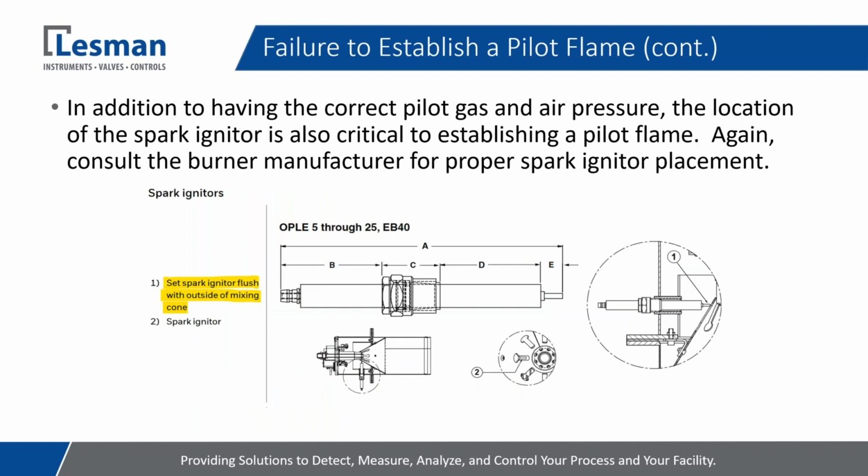So in addition to the pilot gas and the air pressure, the spark igniter location is also very critical to where this is occurring, right? Because when you've got a pilot burner and you've got pilot gas and air being introduced into the burner, there's going to be a zone in which the ratio of the pilot gas and air is sustainable for combustion, right?